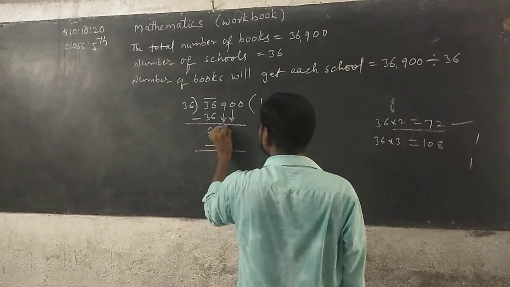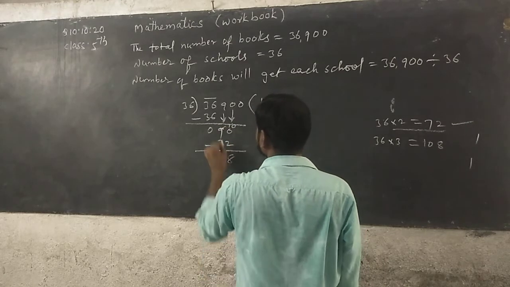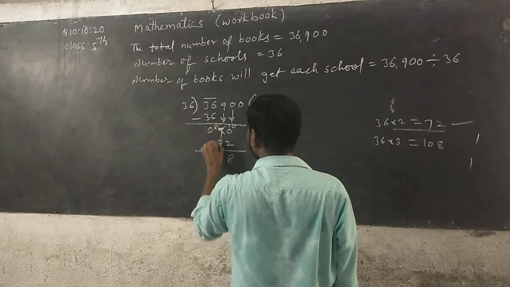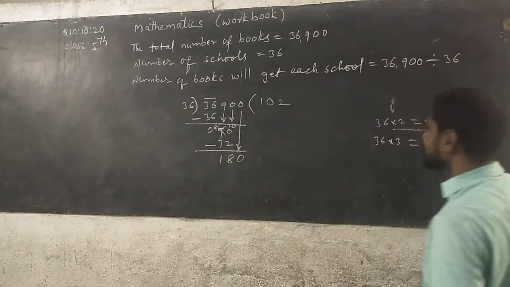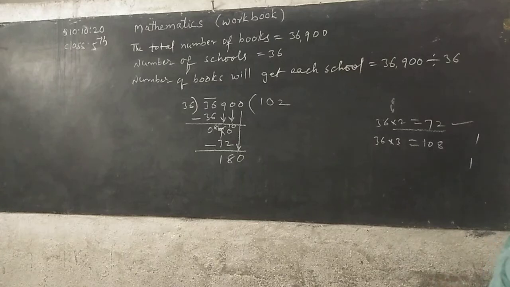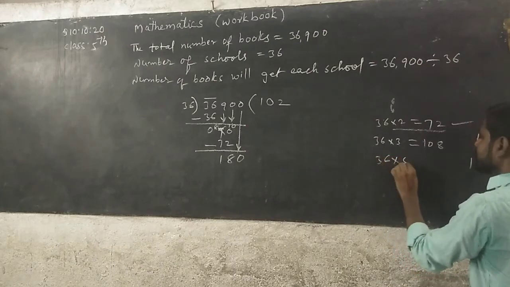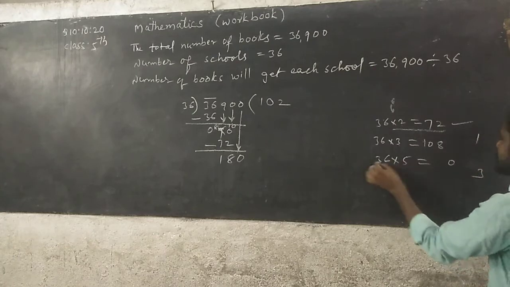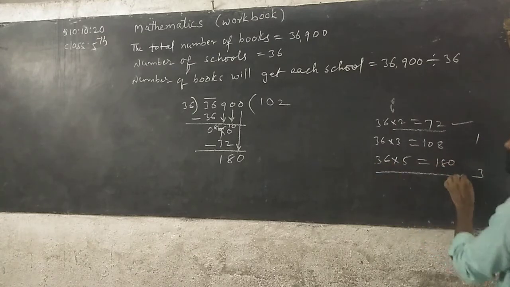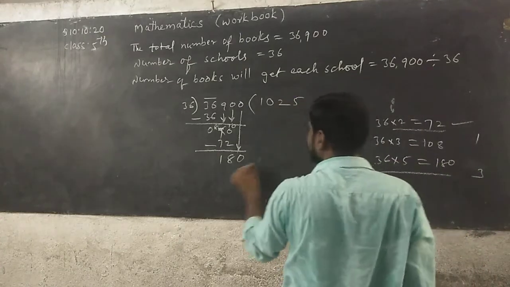See here, 10 minus 2, 8. Here cut it. 8 minus 7, 1. Again bring down 0. I think 36 5s are 5 6s are 30, carrying 3, 5 3s are 15 plus 3, 18, 180. So 36 5s are 180.